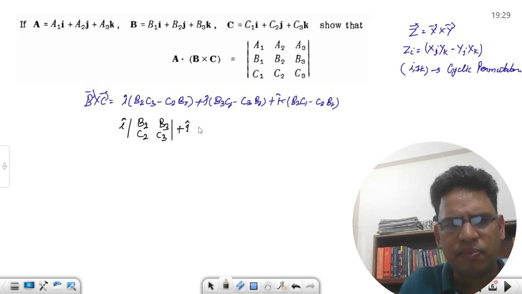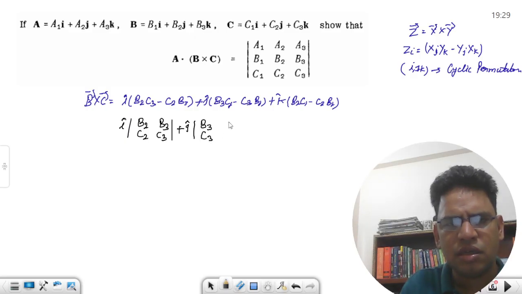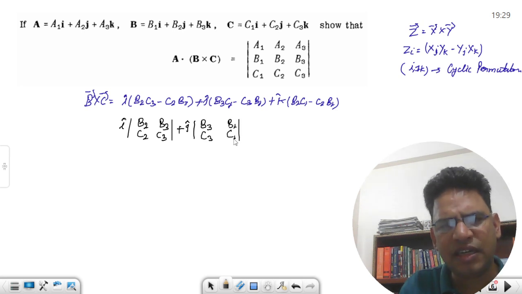Plus j cap can be written as b3 c1 minus c3 b1, right?